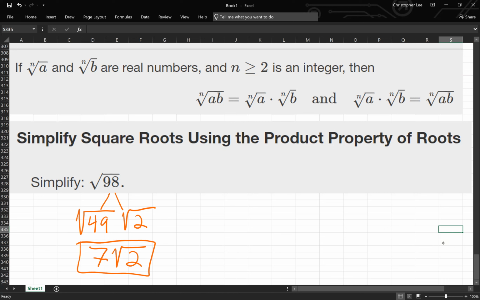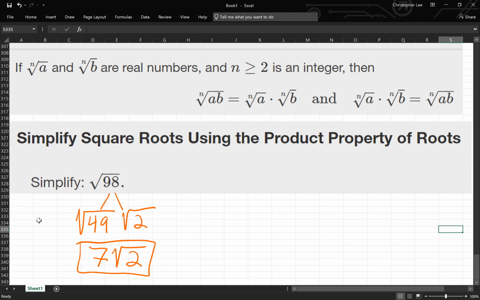Okay, I got that. I use 49. So it doesn't matter, right? So that's what we're doing here. We're looking for the perfect whatever the index is that goes into the radicand, breaking them apart, then simplifying it. How do you get that 49? You could do it like that.